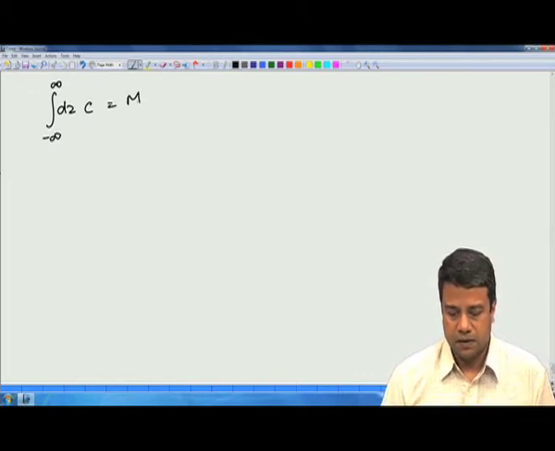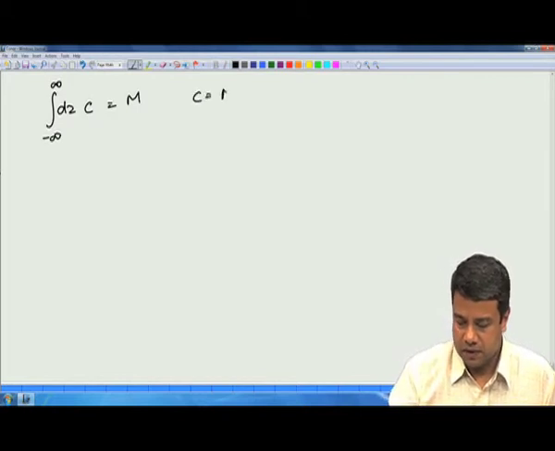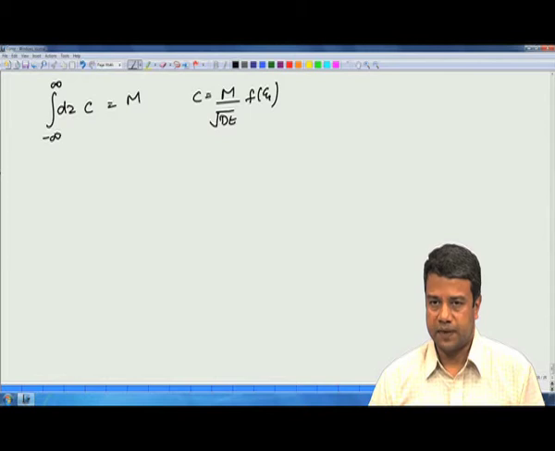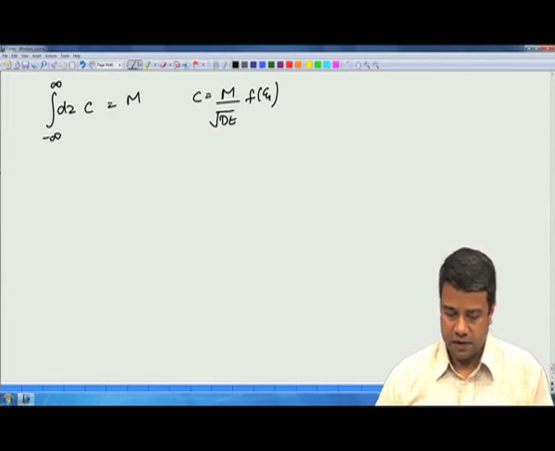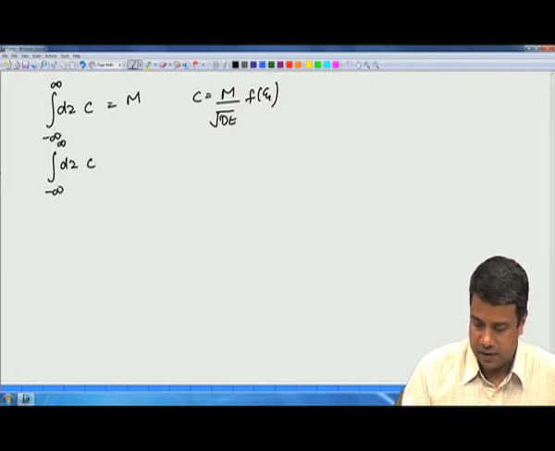And we had written c is equal to m by root dt times some function f of psi. That was our similarity transform. Therefore, if I convert now, I will get integral minus infinity to infinity dz c, m by root dt is equal to m.